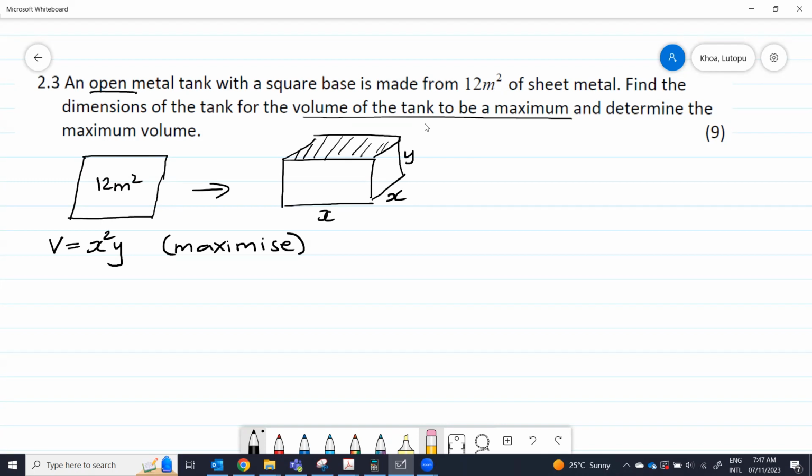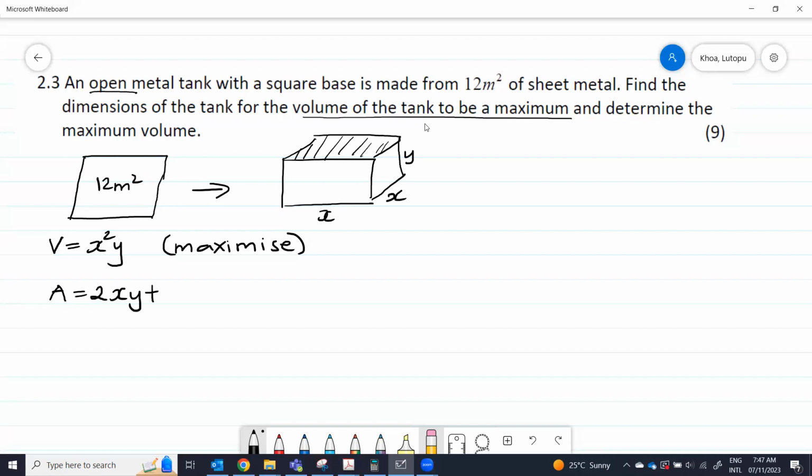Okay, now we want the area. Well, we know that the area is 12, and if we work out this total surface area, this front is x times y. So we have xy, and then there's two of them because there's a front and the back.